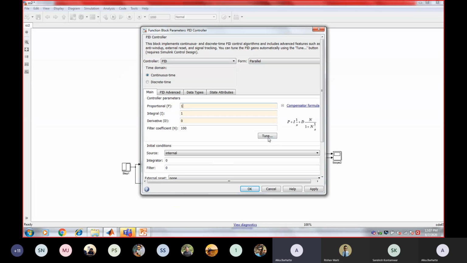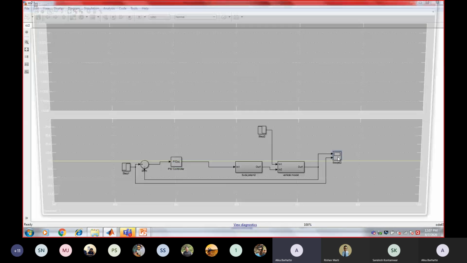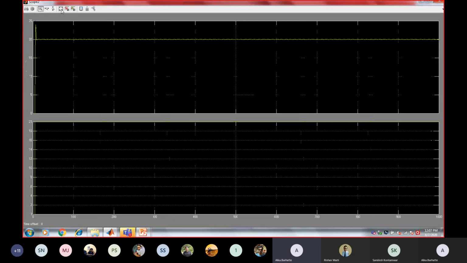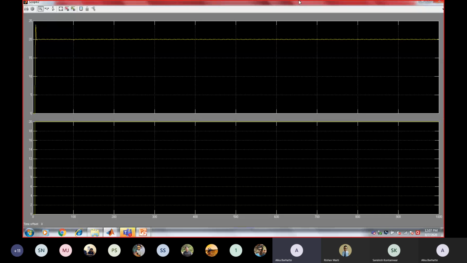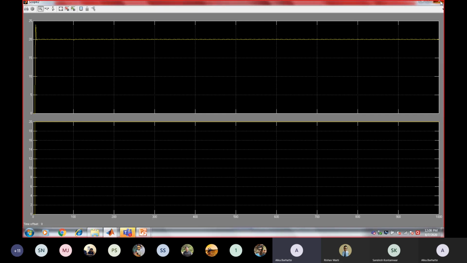So these are the values, where your proportional and integral constants play the major role in getting the required speed. So we have obtained this. This is the required speed. Further, I can reduce this overshoot by tuning.